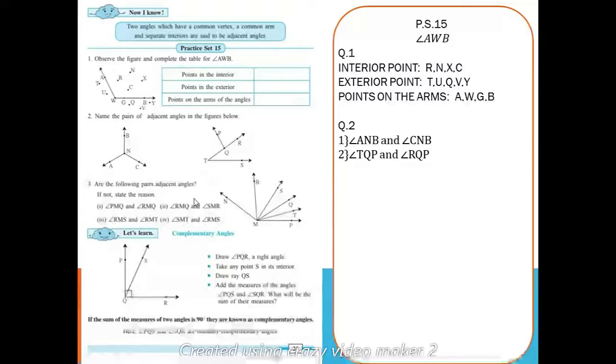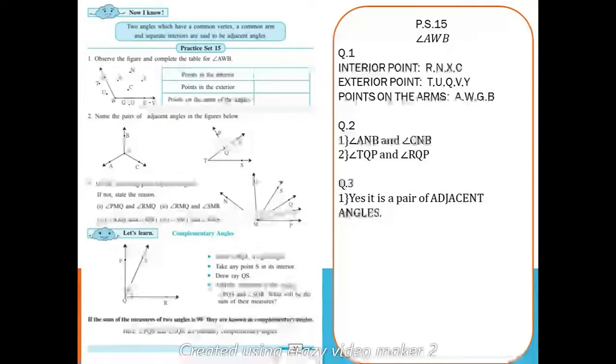Now we'll go further. Are the following pairs adjacent angles? If not, state the reason. Now here it is angle PMQ and RMQ.